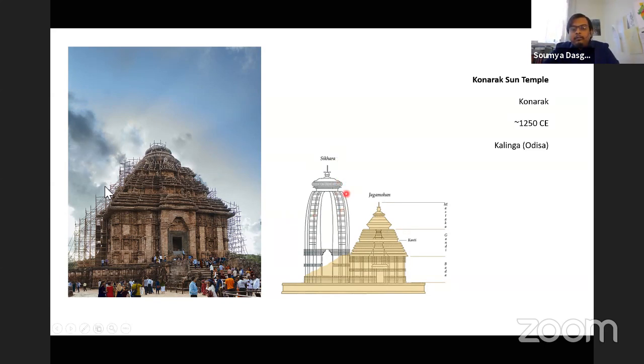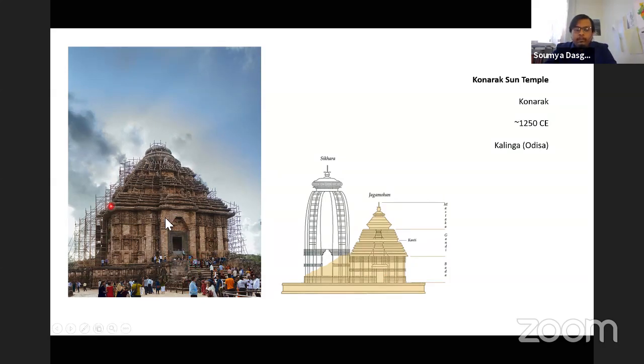And since this is a very cyclone prone zone, the idea of lateral loads and all the other more modern understandings of loads had not come into place. But we have an exquisite design nonetheless, and you can see that from the scale of the Jagmohan, the shrine in the front, compared to the human being here.